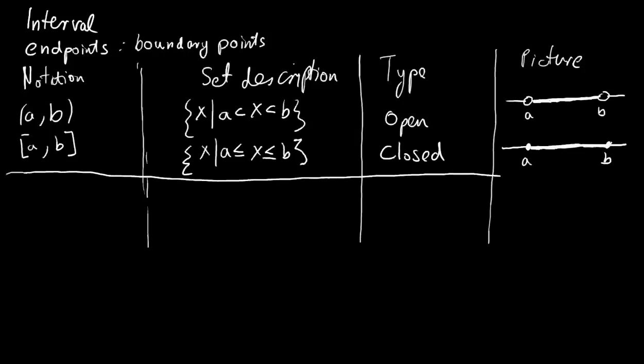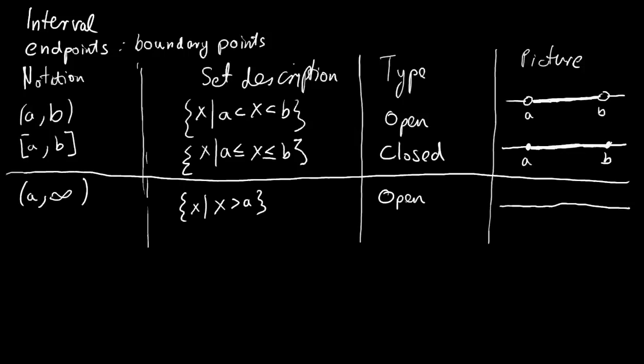Now let's talk about infinite intervals. We use this notation for an infinite interval where x is bigger than a, and this is an open type, and we used to picture it like a dot, no, a circle, because it's open.